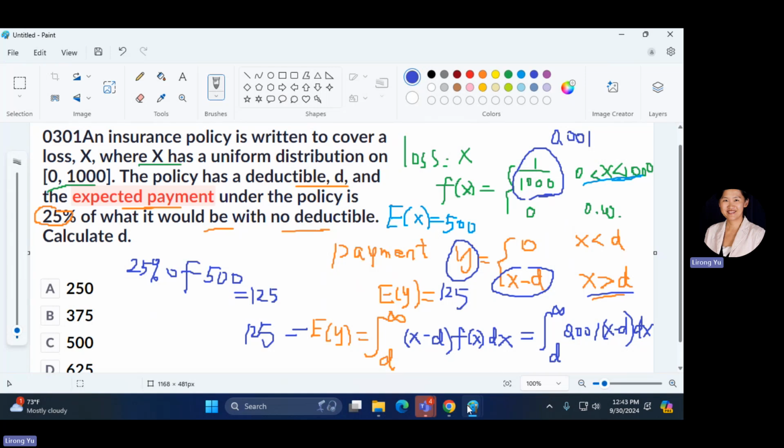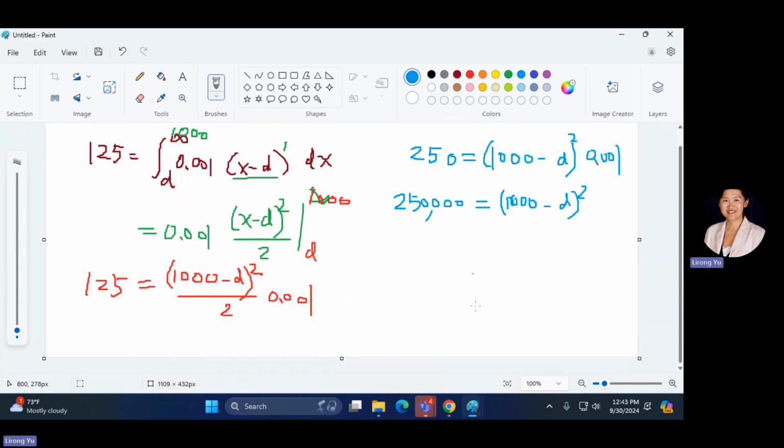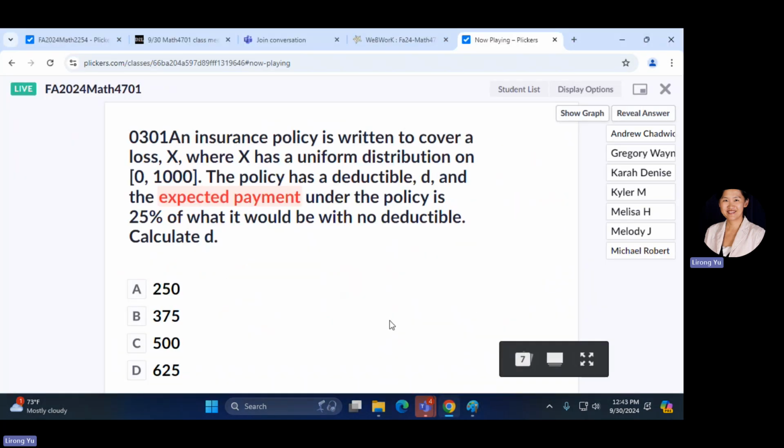That was the original idea, and then we finished the integration. Hope the explanation works out. You can see this kind of question does involve a little twist in the application of the uniform distribution.